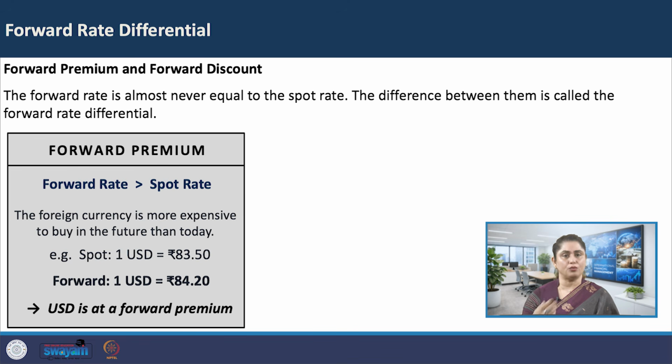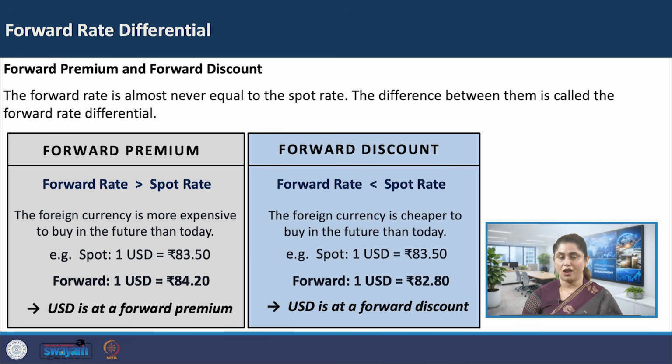When the forward rate of the foreign currency is higher than its spot rate, we say that the foreign currency is trading at a forward premium. It is more expensive to buy in the future than it is today. When the forward rate of the foreign currency is lower than its spot rate, we say that the foreign currency is trading at a forward discount. It is cheaper to buy in future than today.